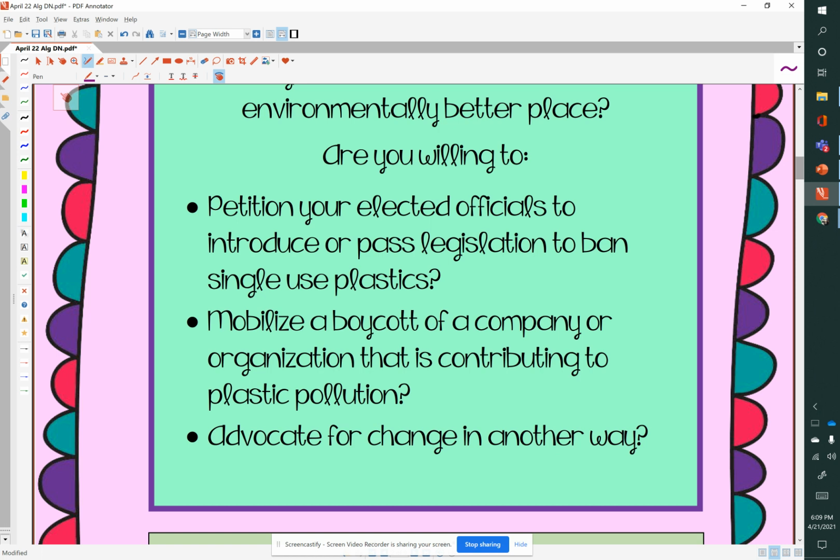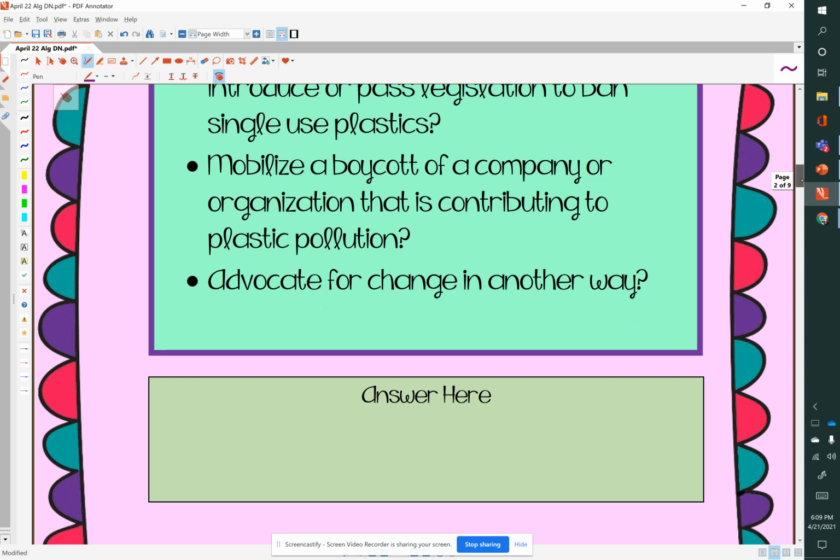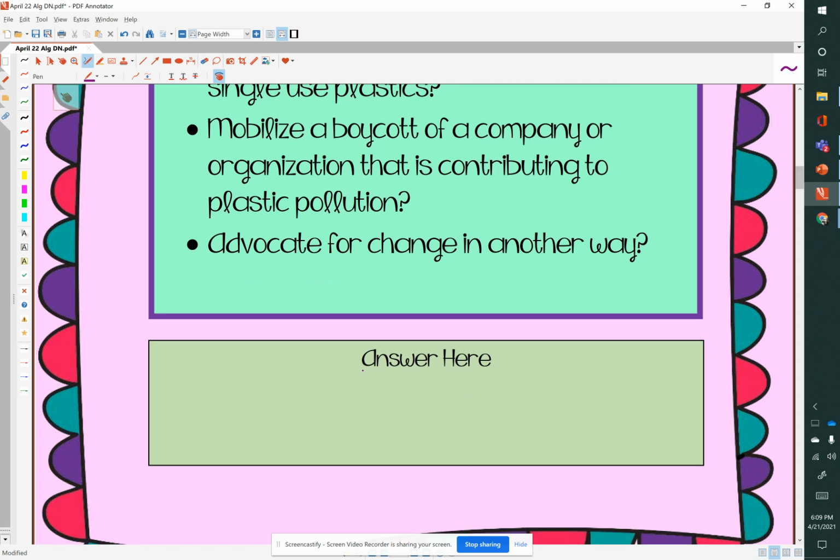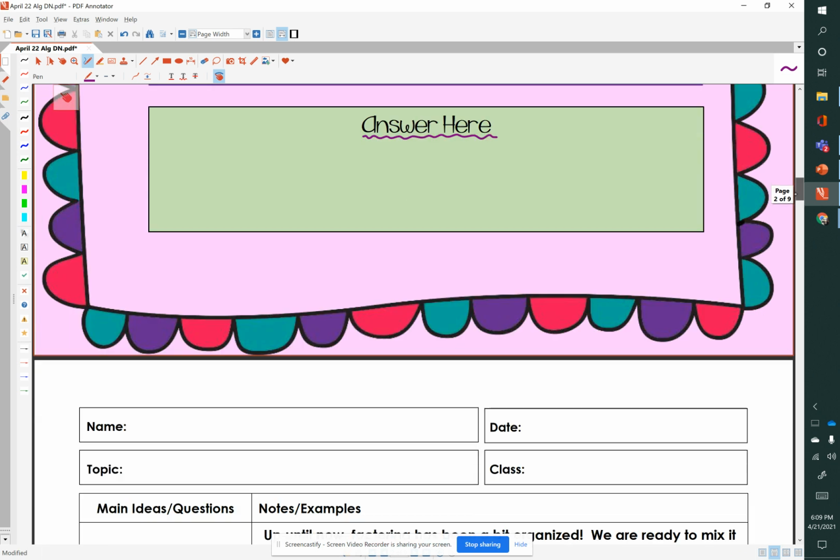Would you mobilize a boycott of a company or organization that is contributing to the plastic pollution? Let's think about that. You're willing to give up the Diet Coke in the single-use bottles so that you can do a better thing for the earth. Or are you willing to advocate for change in another way? So tell us your thoughts right there.